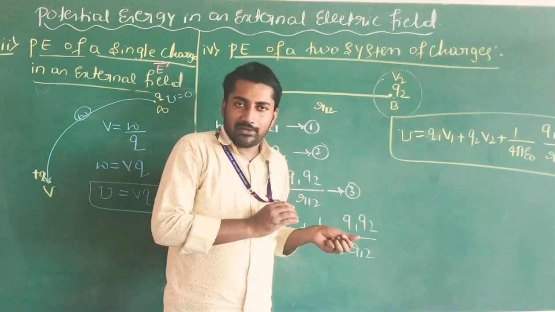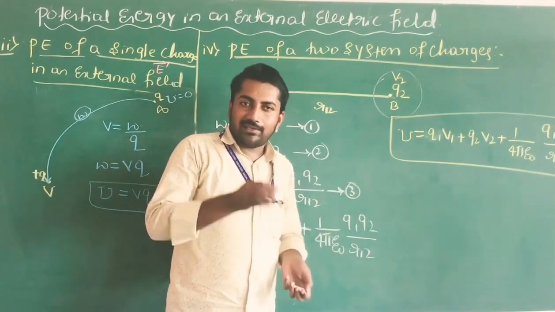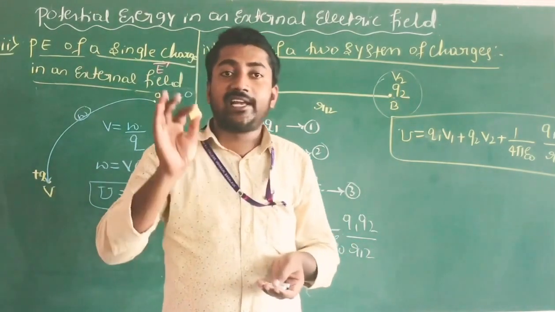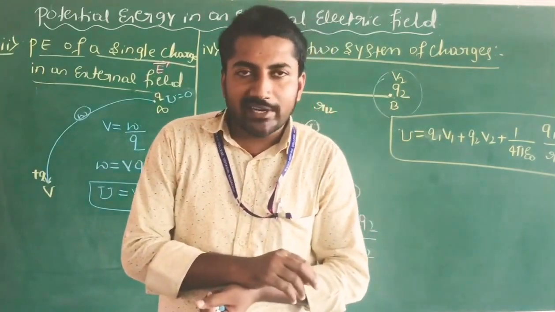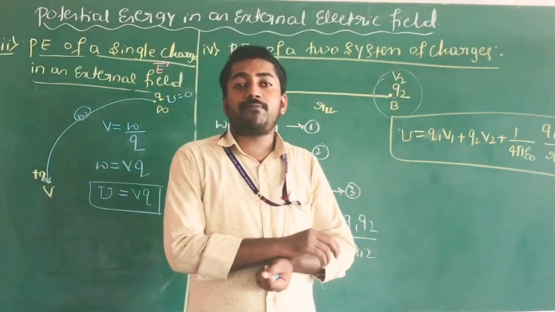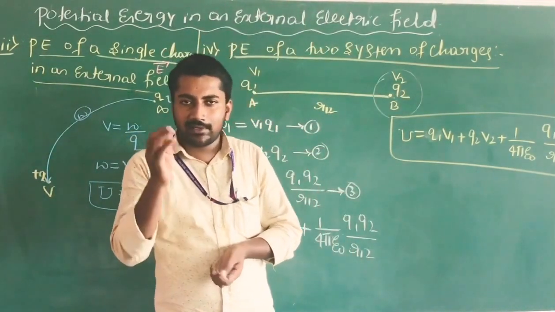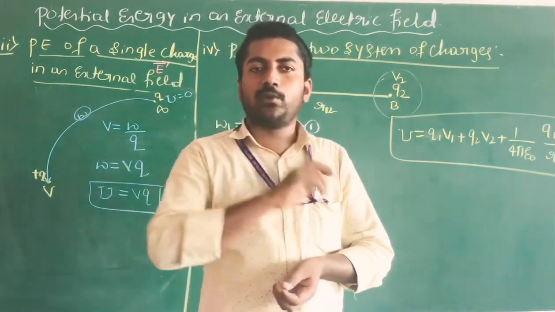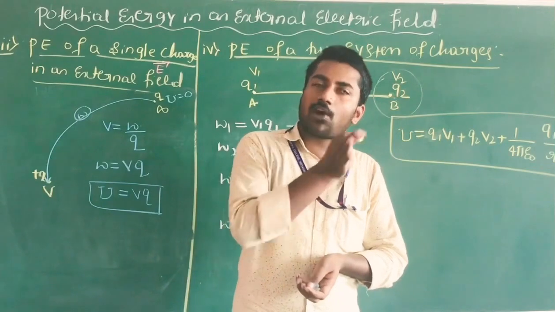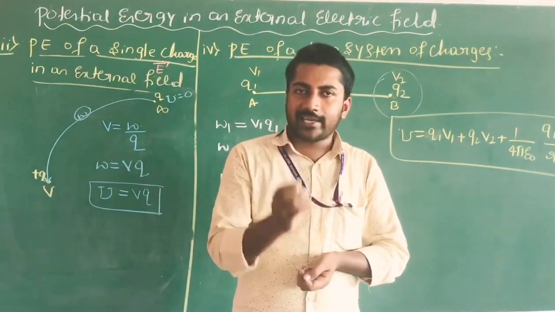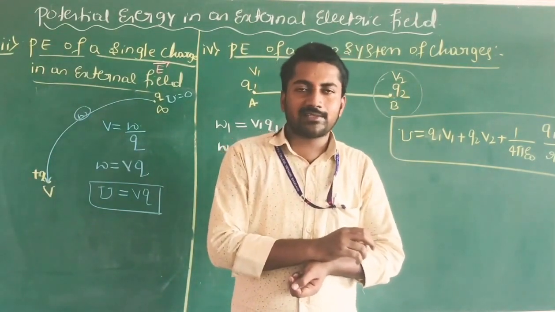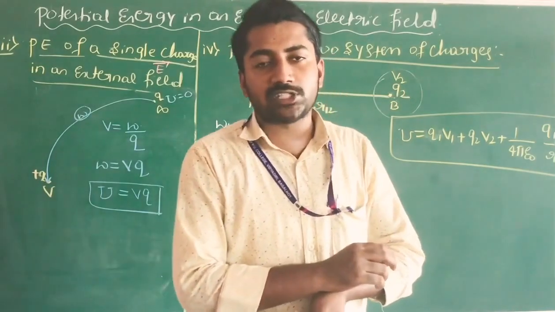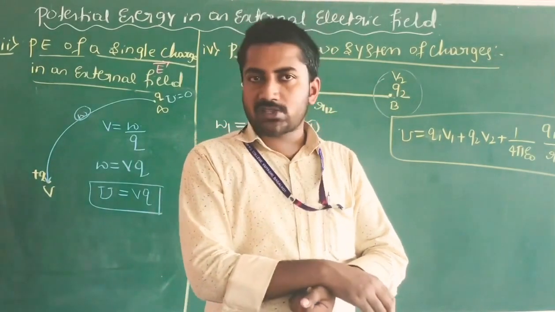Up to here, we have studied in this class electrostatic potential energy due to the system of point charges. In the first case, we studied the potential energy due to the system of 2-point charges in the absence of electric field. In the second case, already I have discussed the potential energy due to the system of 3-point charges in the absence of electric field.